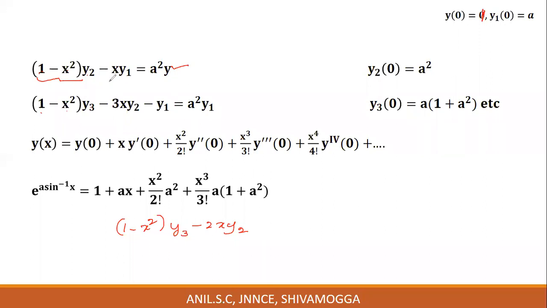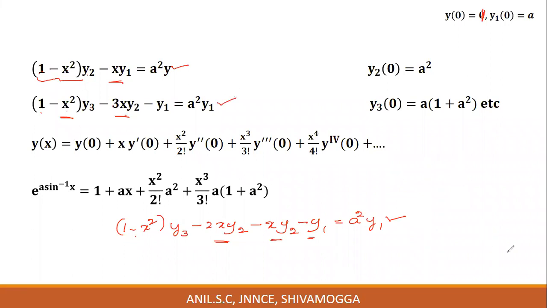Now we differentiate minus x into y1. Minus x is first function, keep it as it is, derivative of y1 is y2, and derivative of minus x is minus 1 into y1. This is equal to a square, a constant, keep it as it is, into derivative of y, which is y1. Therefore, 1 minus x square into y3 minus 2xy2 minus xy2 is minus 3xy2, minus y1, is equal to a square into y1. This expression.